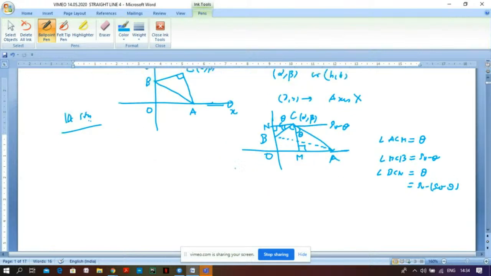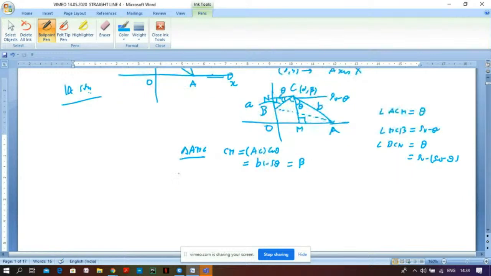Now, from the right-angled triangle AMC, I can write CM equals AC times cos theta. AC is, of course, b, and BC also is a. So CM is b cos theta, and CM is also the height of C above M, so I can write CM as beta, the y coordinate.